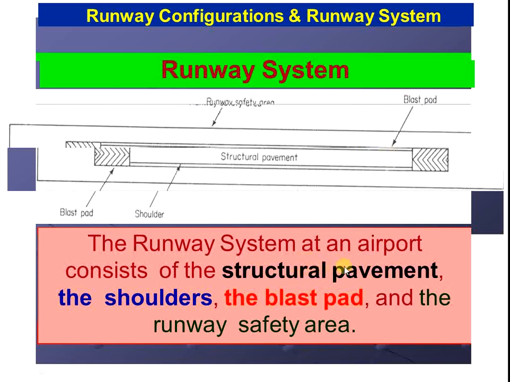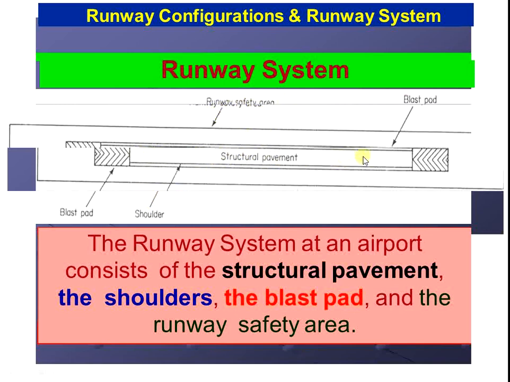The runway system at an airport consists of the structural pavement, shoulders, blast pad, and the runway safety area. We have to consider these four terms in the runway construction at an airport.